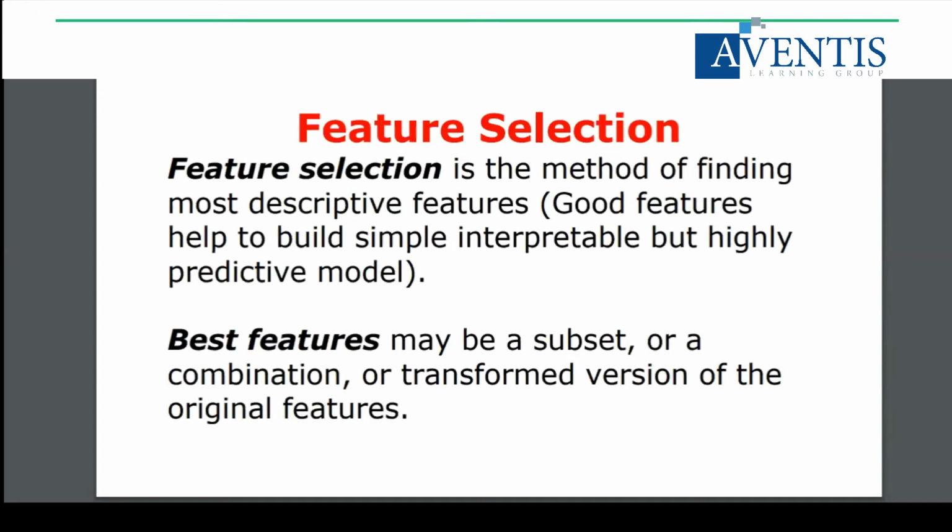So this feature selection is the most important step, and for that you need to have very good domain knowledge, and you have to understand the statistics of the different variables.